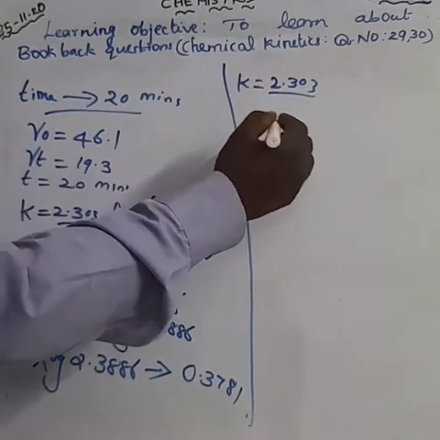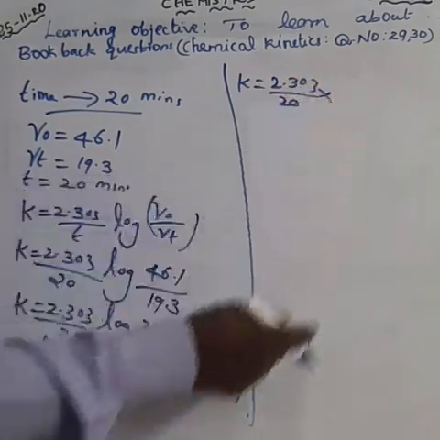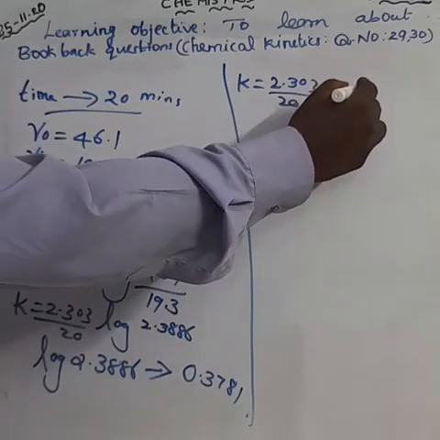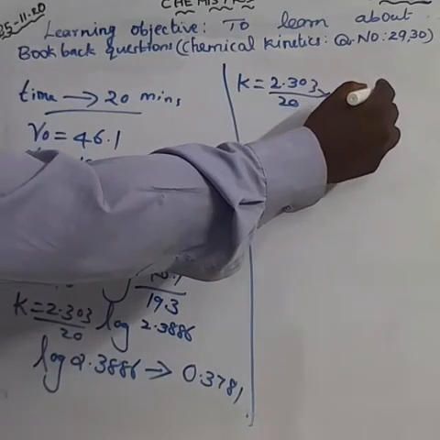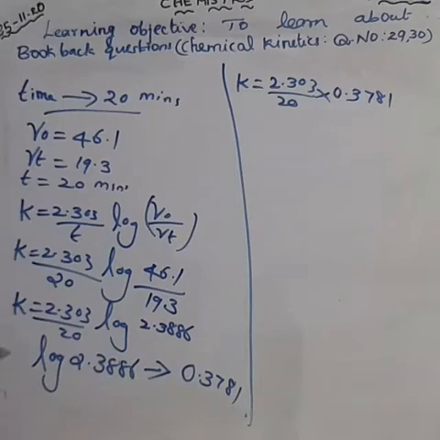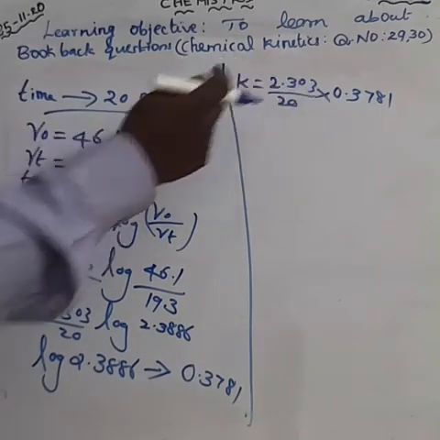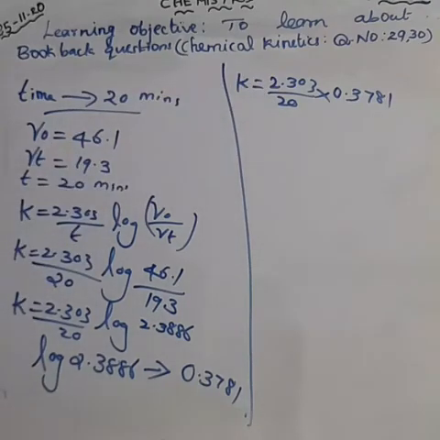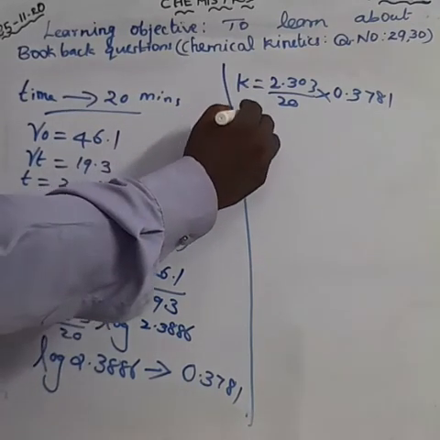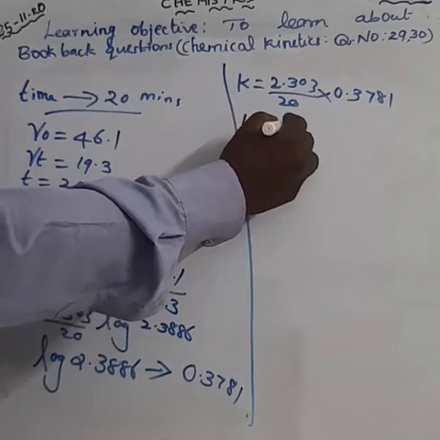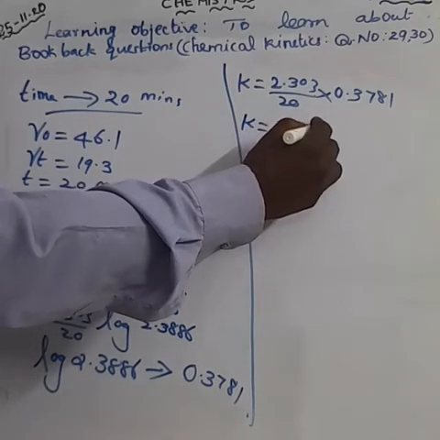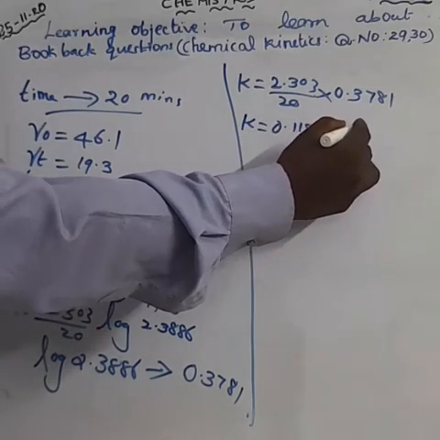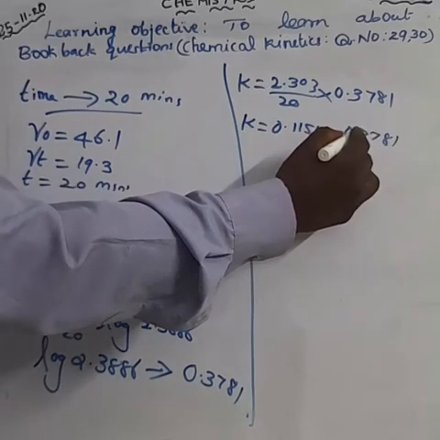2.303 divided by 20 into 0.3781. So we have to divide 2.303 by 20. That value is equal to 0.1151 into 0.3781.